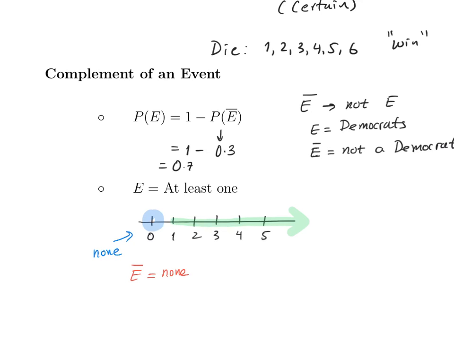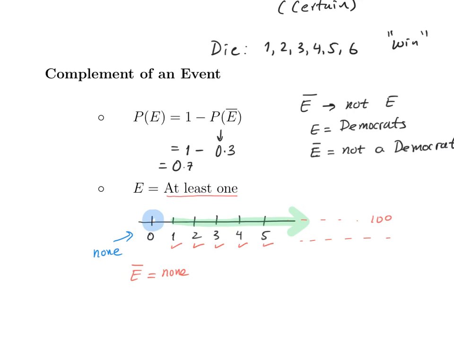This is going to be very, very useful in the coming chapters, because if you are trying to find at least 1, you will have to do the problem for 1, then for 2, then for 3, 4, 5, and so forth. So if you have, let's say, 100 numbers, you will have to do this 100 times, which will be very, very time consuming.